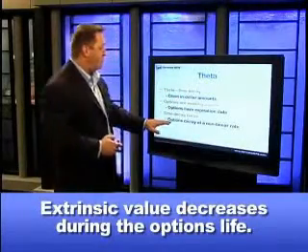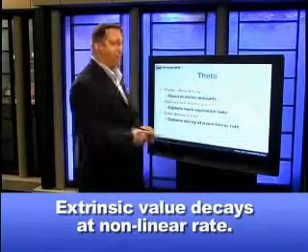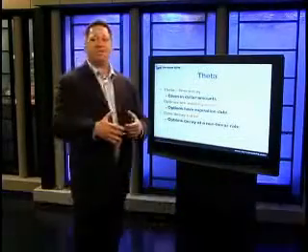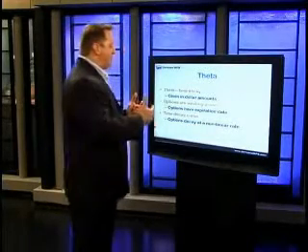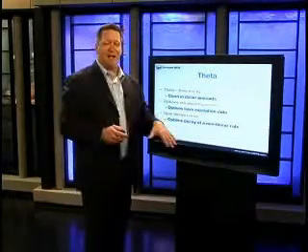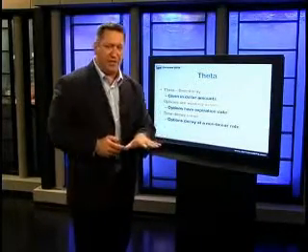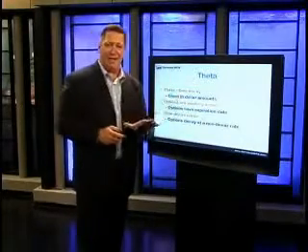And that extrinsic value decays at a non-linear rate. What does that mean? Say we have an option that's worth $1 of extrinsic value, and we have 20 days until expiration. That option is not going to decrease in value 5 cents a day for all 20 days.